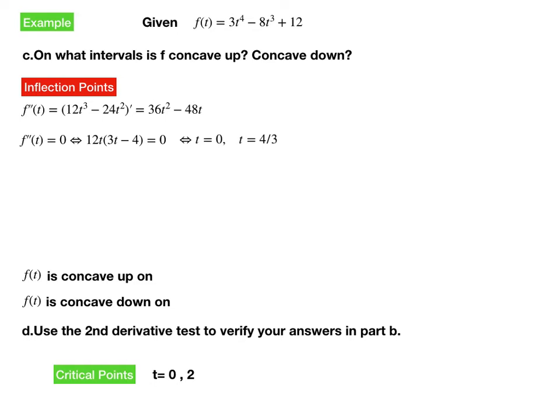In order to find out about the concavity of the function, we again create a table, starting with the domain of the function, include the 2 inflection points, and pick a test point in each interval. We use the second derivative function to evaluate each of the test points.